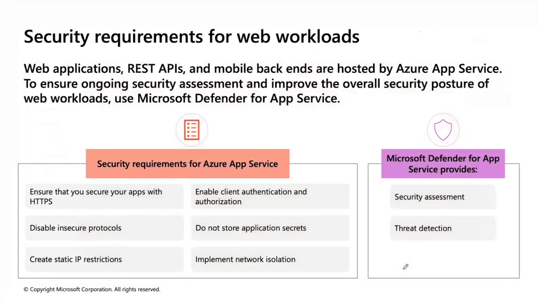So for web workload security, we have recommendations like always use HTTPS connections, disable insecure protocols like HTTP, create static IP restrictions. You can enable client authentication and authorization, do not store application secrets inside the code, always use Key Vault, implement network isolation if possible. Here we can use Microsoft Defender for App Services, where we get security recommendations, security assessment, and threat detections.